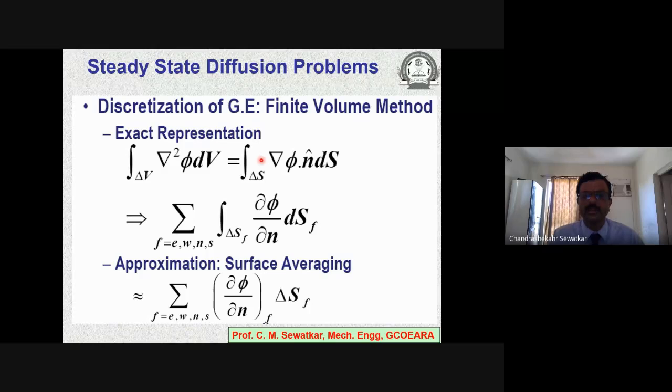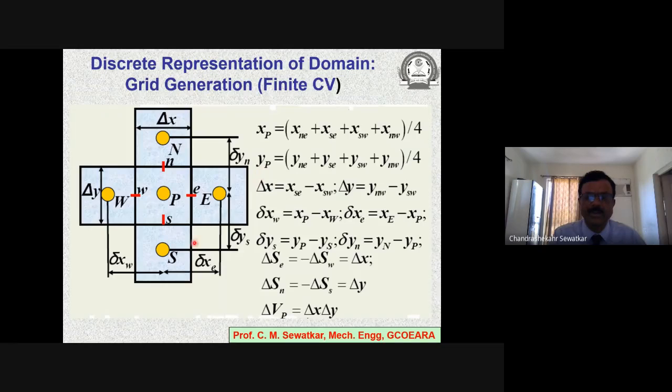Now, this delta S which I am showing here is the entire surface area of the cell, and the surface area of the cell consists of the east, west, north, and south faces. So there are 4 areas.